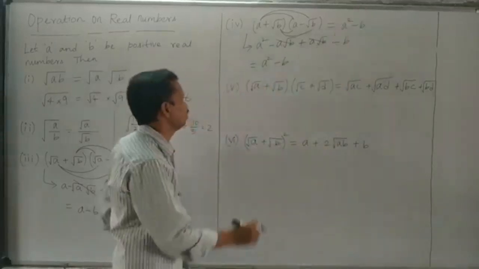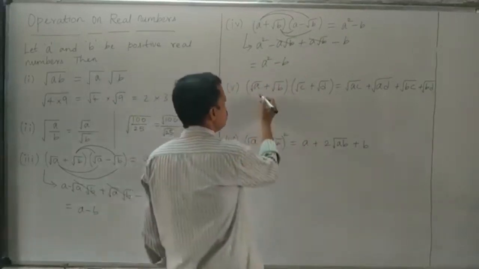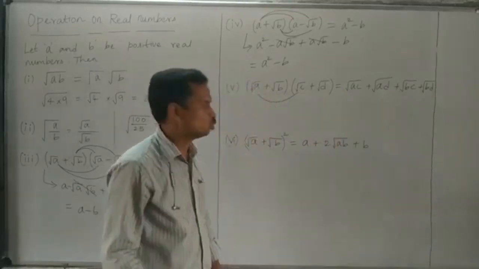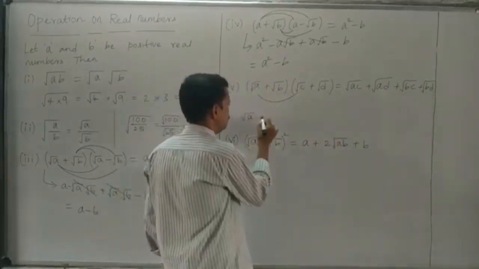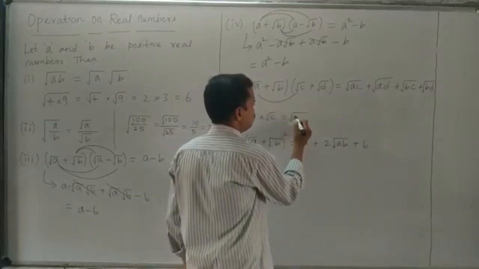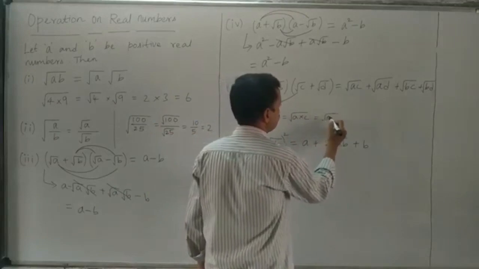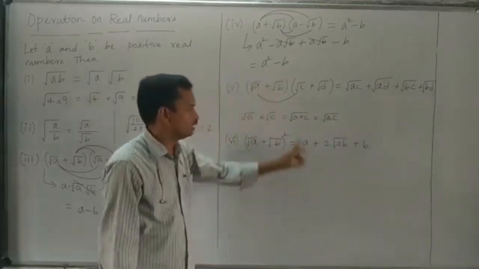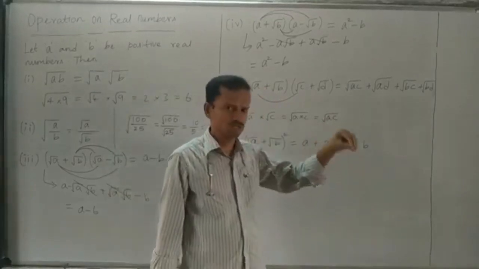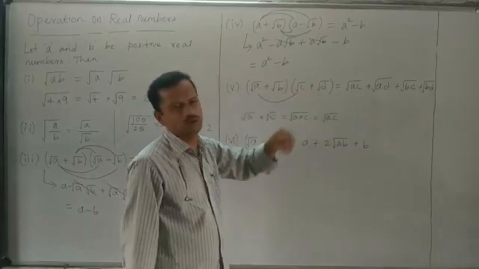And now if you multiply these two, it is simple multiplication. Root A into root C, we get root of AC. We can put it within the same square root, so we can write this as root of AC. Clear? A and C, the operation is multiplication. So in such a way, all are square roots only.